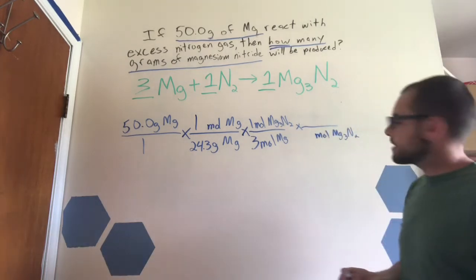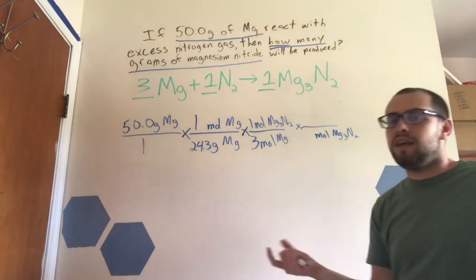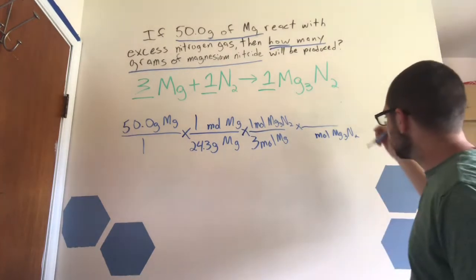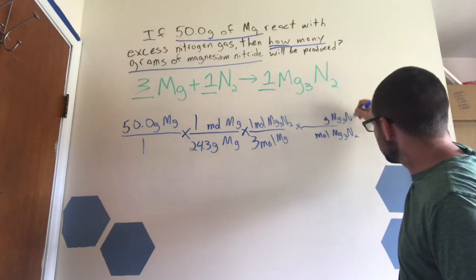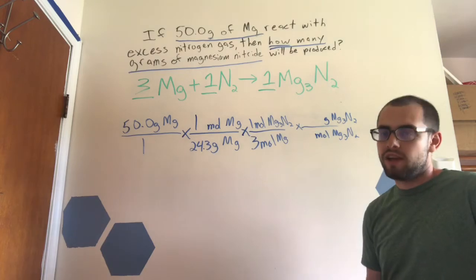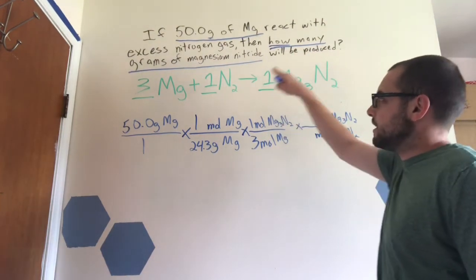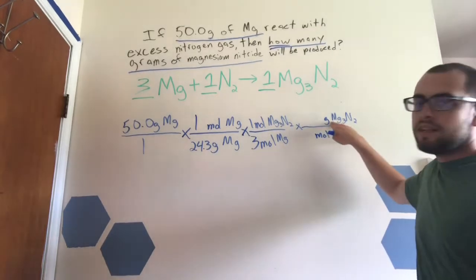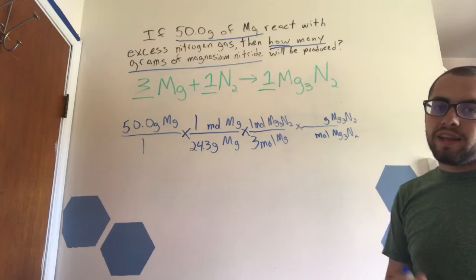It's going to be really useful to write out the entire unit. I know it's a pain, but it'll help you keep track of everything. And I want to convert these into grams of magnesium nitride. The problem asks me how many grams of magnesium nitride. So I made it to my ending unit. This is another molar mass problem.